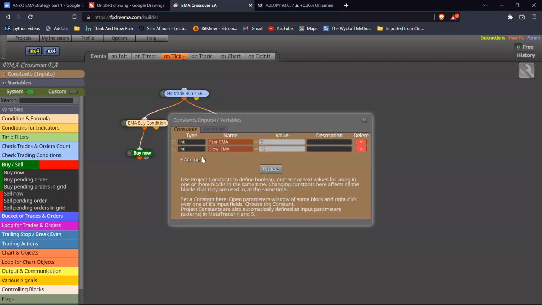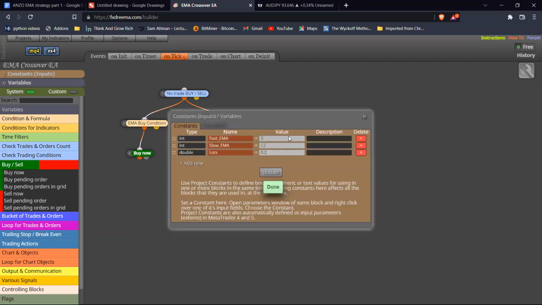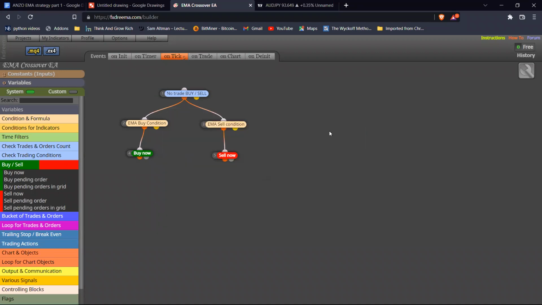So we're going to add a new constant here. The variable type is going to be double, which means it can have a decimal place. And then we're going to call this lots, and we're going to make this 0.2. So that anytime, even if I want to change something in the EA, I can just come here, change it, and that'll be fine. So after that is done, I'll go into the buy now.